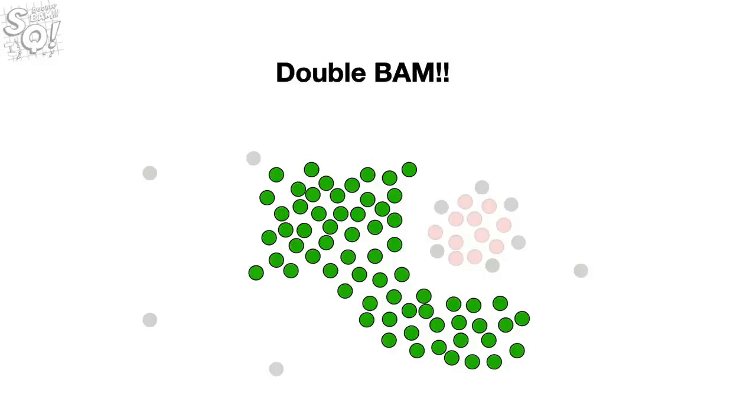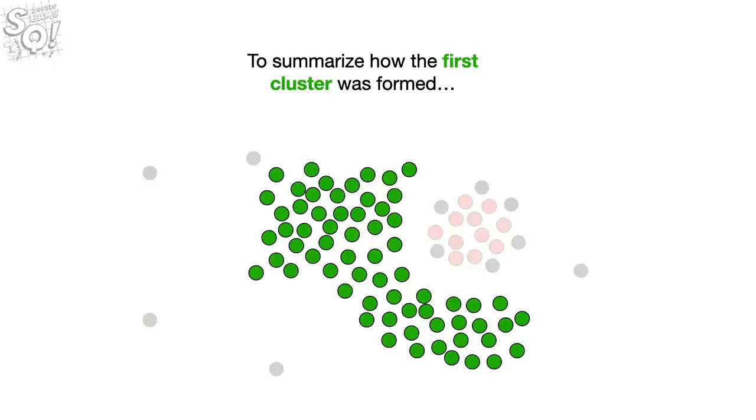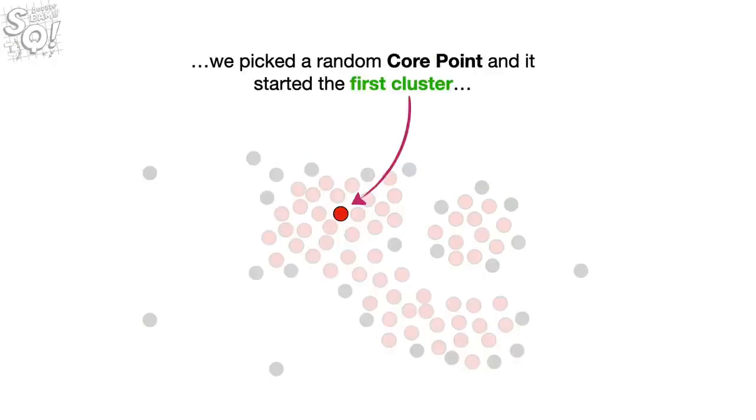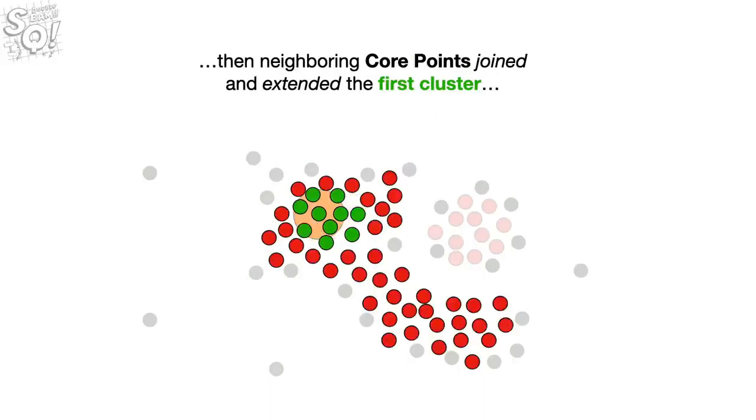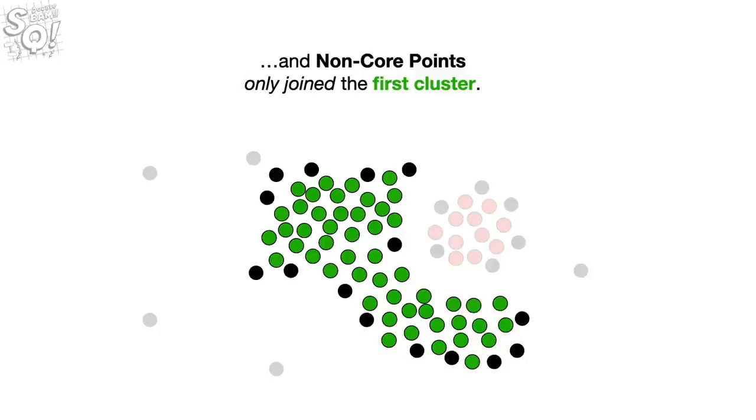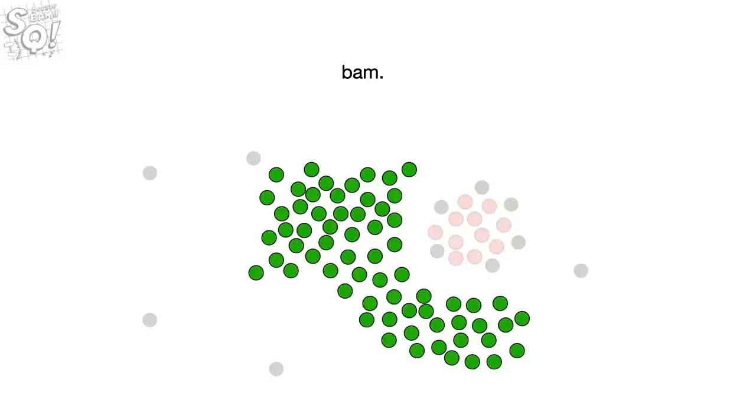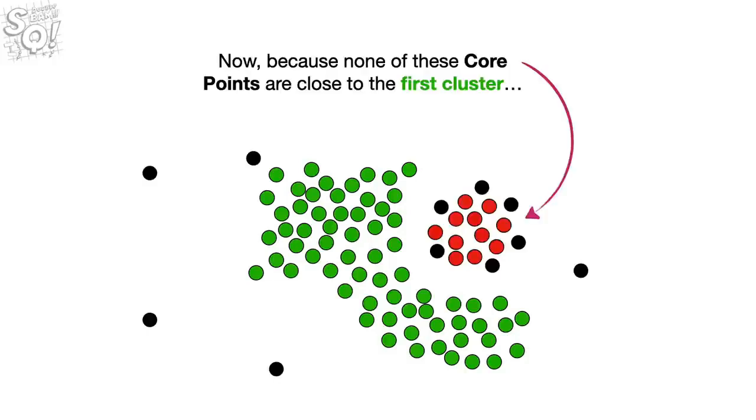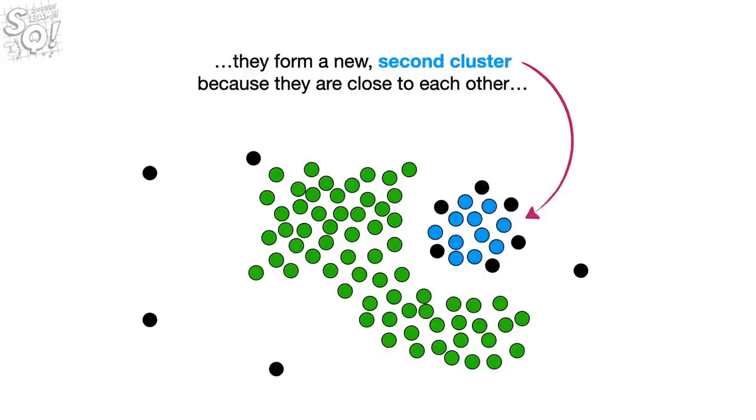Double bam! To summarize how the first cluster was formed, we picked a random core point and it started the first cluster. Then, neighboring core points joined and extended the first cluster. And non-core points only joined the first cluster. Bam! Now, because none of these core points are close to the first cluster, they form a new second cluster because they are close to each other.